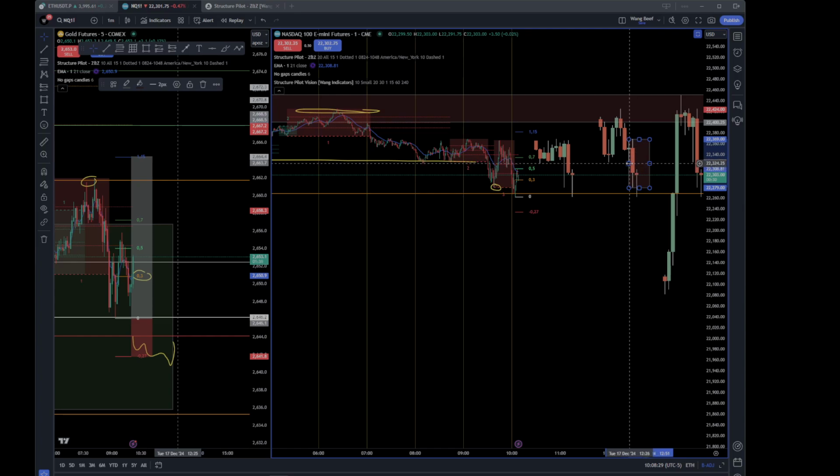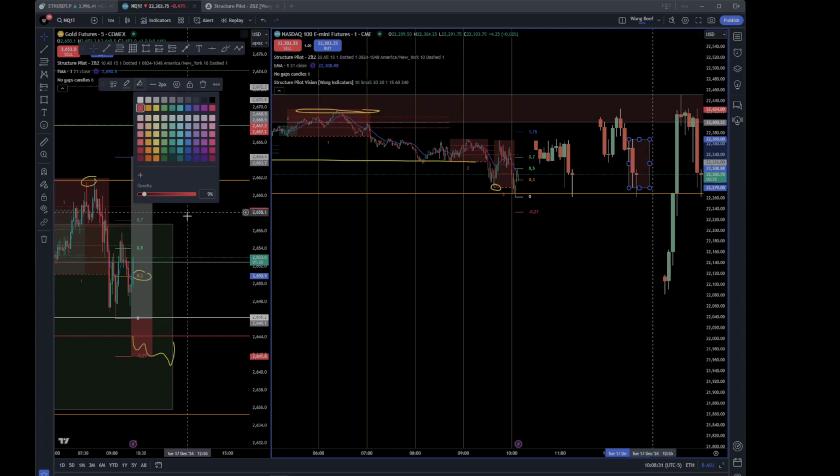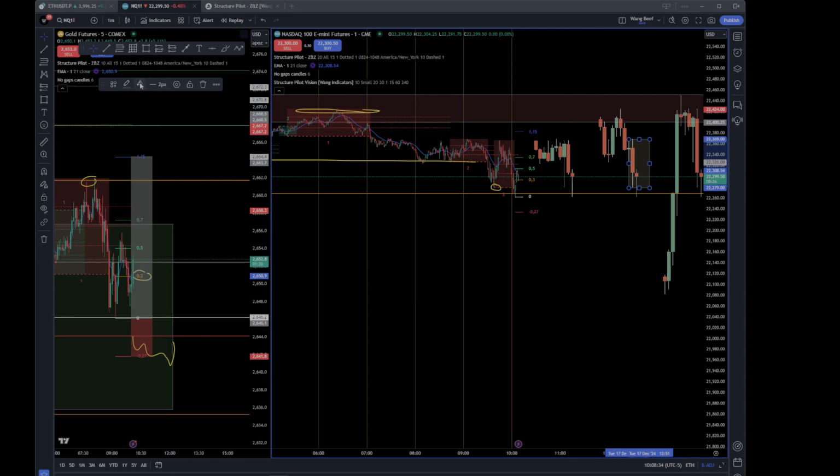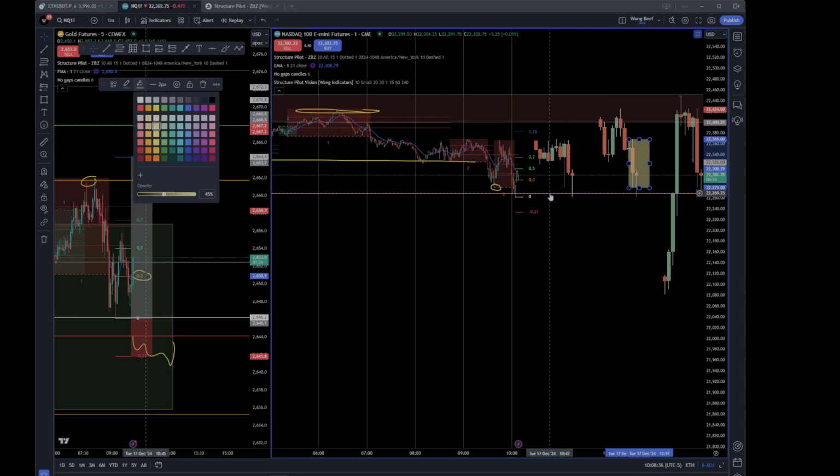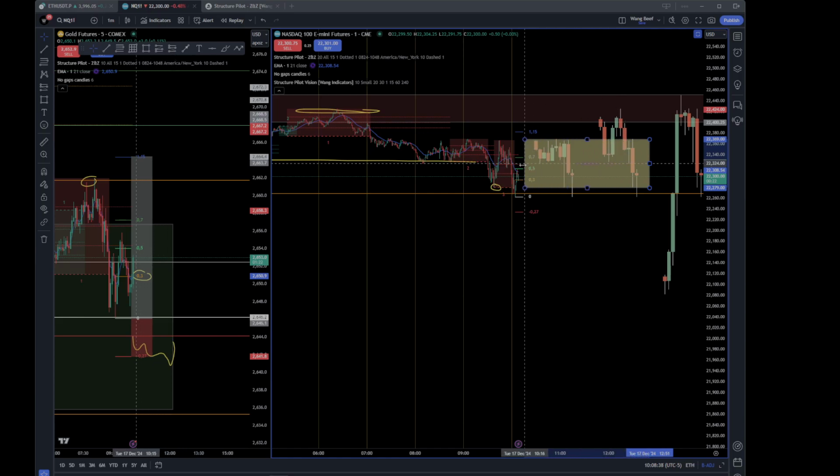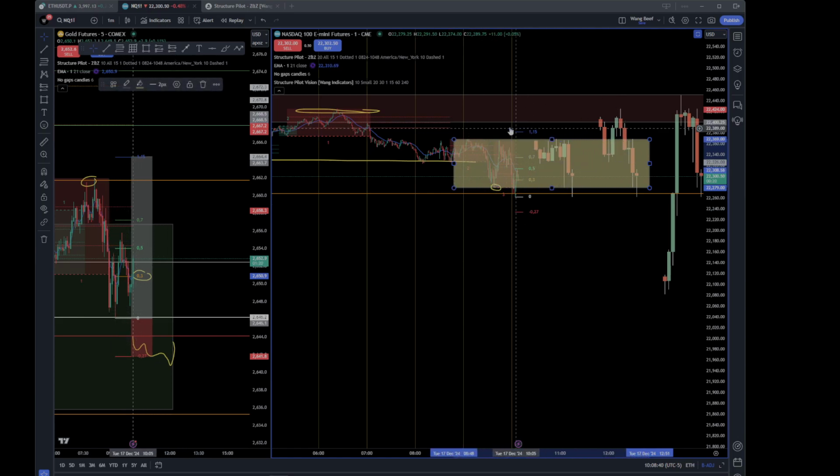This candle here, see this candle? Let me put this like this. If I do that, you see, this is the low and the high of this candle. This is the 1 hour time frame candle that's plotted there.